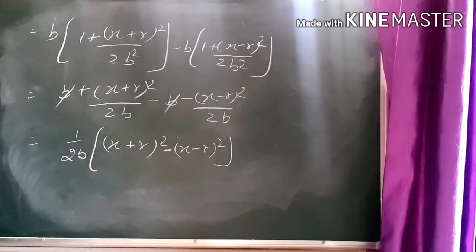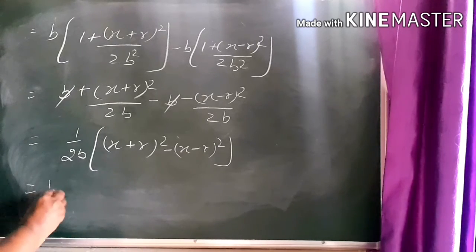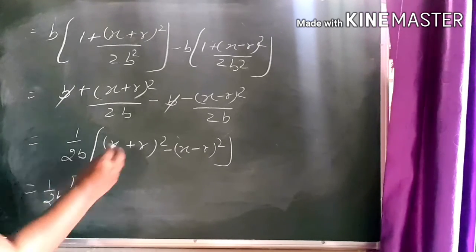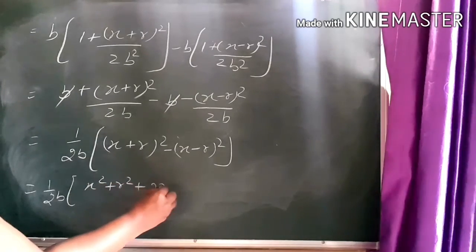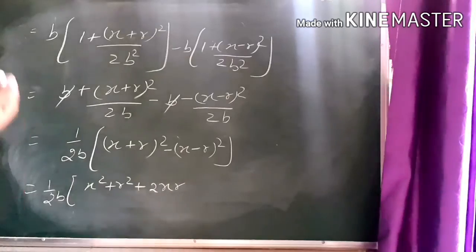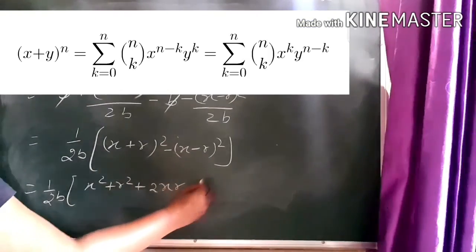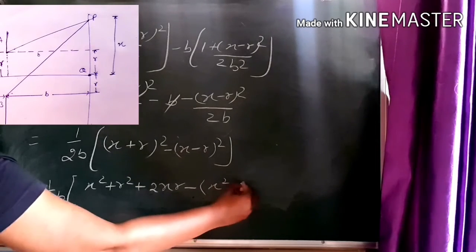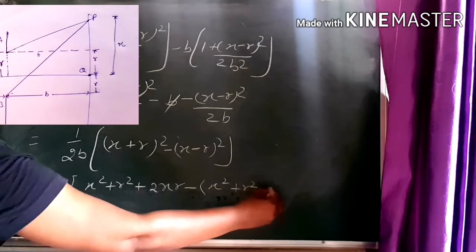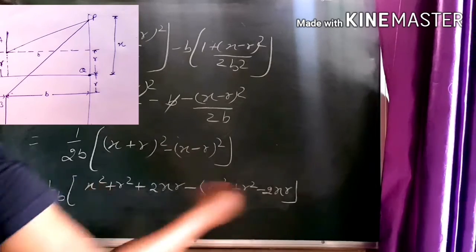By expanding both of these terms, we have 1 by 2b into (x square plus r square plus 2xr) minus (x square plus r square minus 2xr).